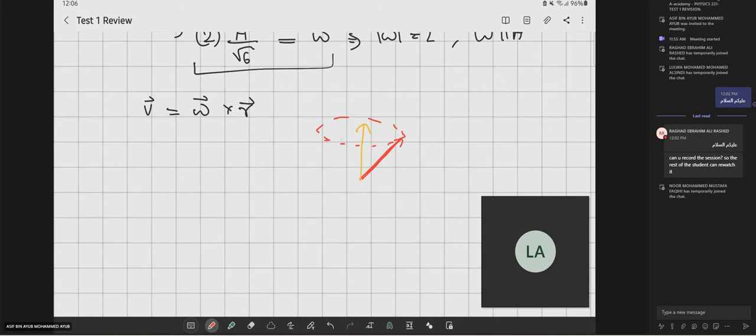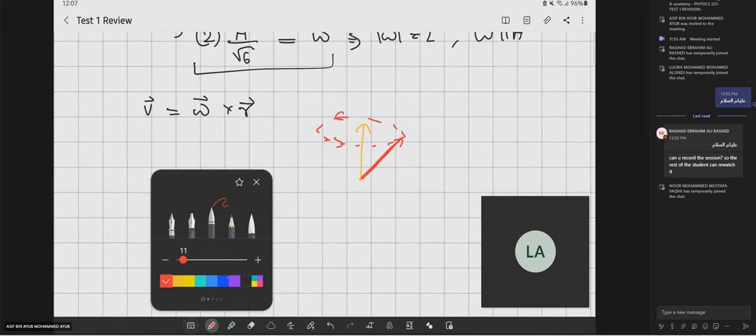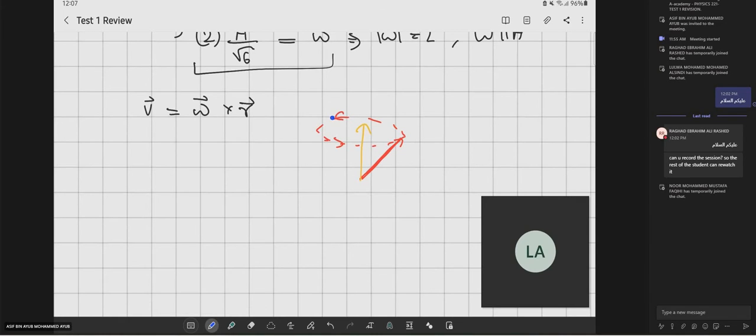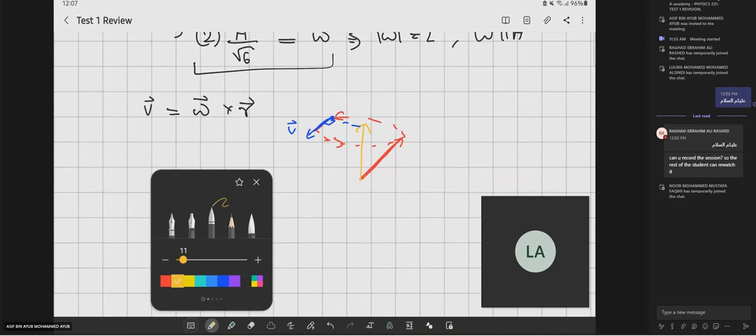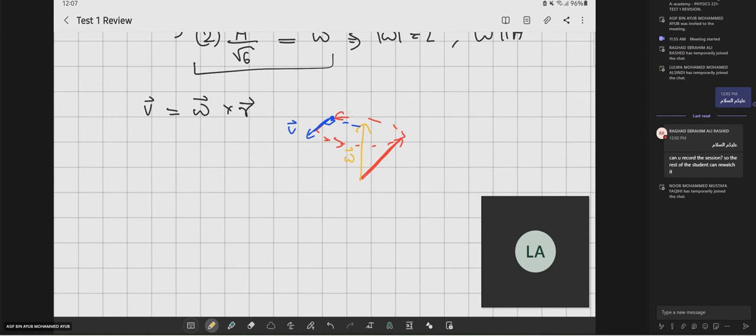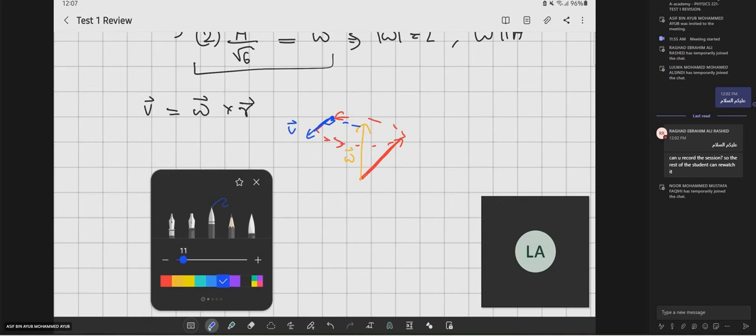Suppose it's rotating counterclockwise, so it's like this. You can see that the tangential velocity at any given point goes something like this, perpendicular to the radius of rotation. So this is velocity, this is omega, and this is R.